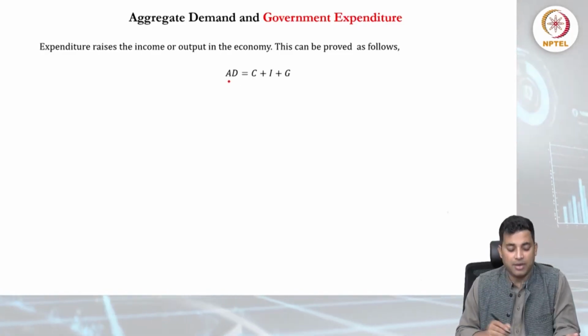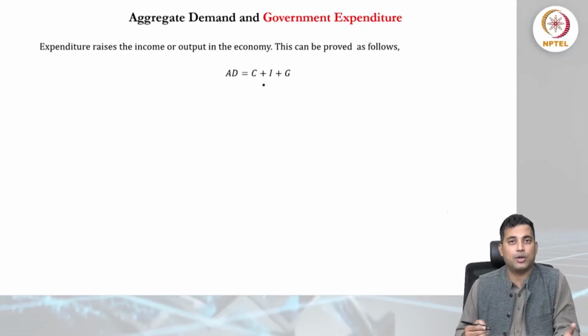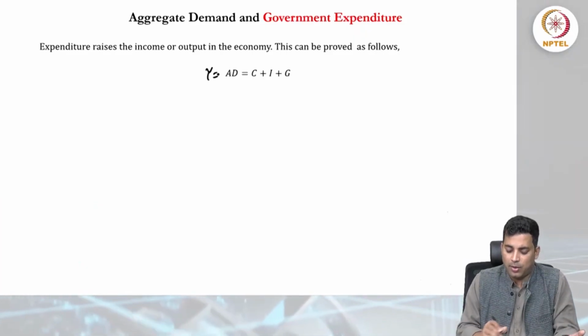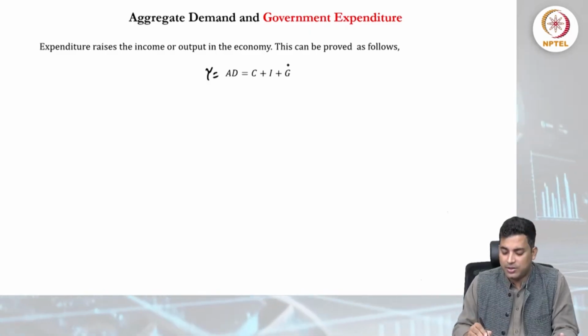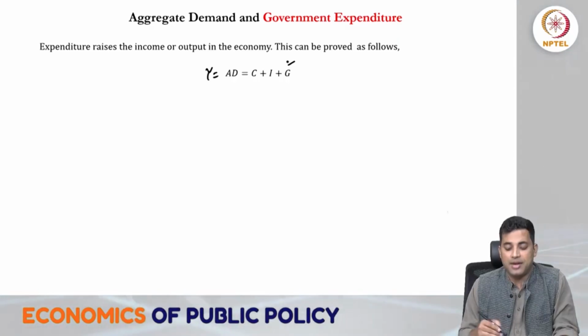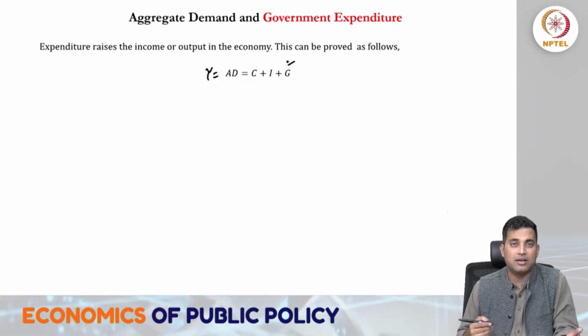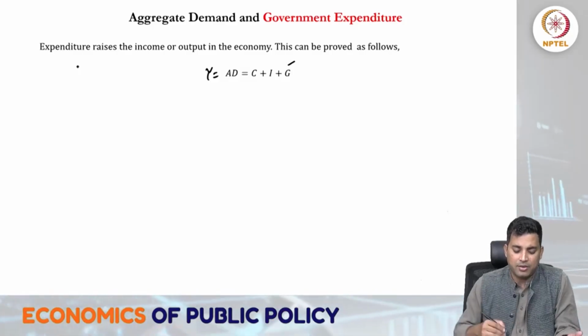So aggregate demand now is C plus I, which we already know, plus G. We are introducing government expenditure, or government spending. So now, how does the multiplier effect actually look?